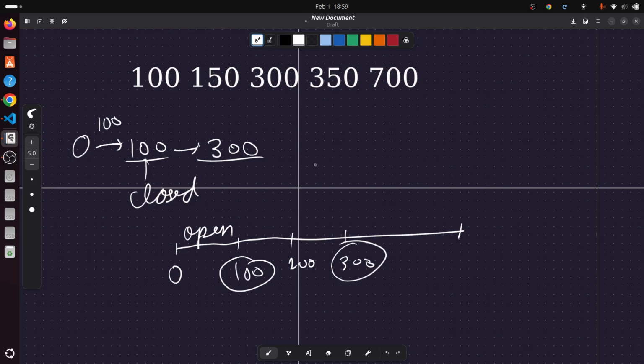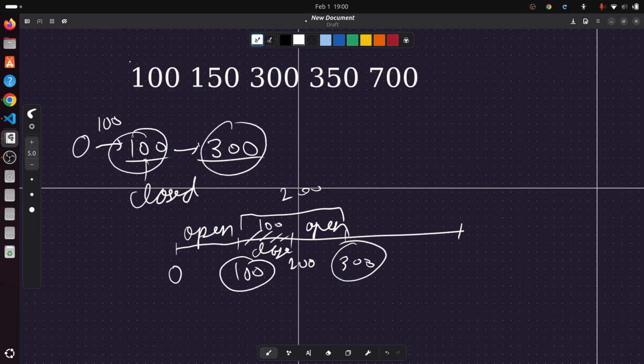So in between those 200 seconds, the first 100 seconds it was closed, and the next 100 seconds it was open. So 300 minus 100 minus 100, because it was closed for 100 seconds. So for 100 time the box was open, right?